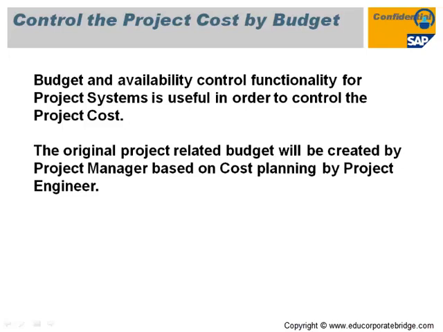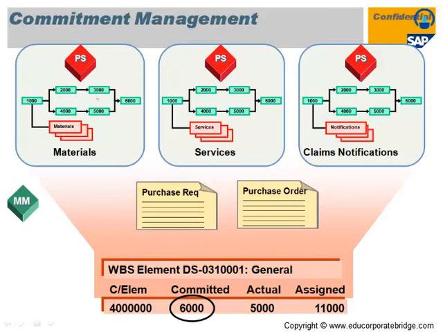beyond the set budget. This is a typical commitment management flow where you have to assign materials, services, or claim notifications. Later on it will be converted into purchase requisitions and purchase orders, which are called commitments. Once you create the purchase requisition and purchase order against a particular WBS, the system will treat it as a commitment.